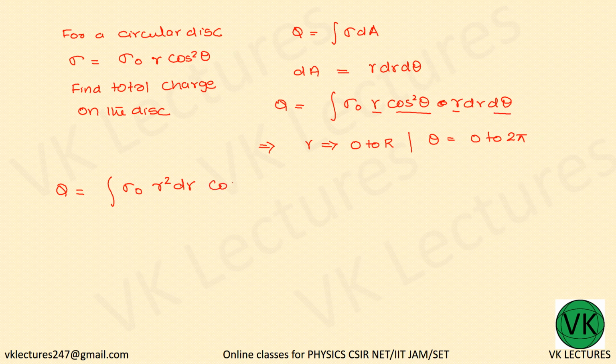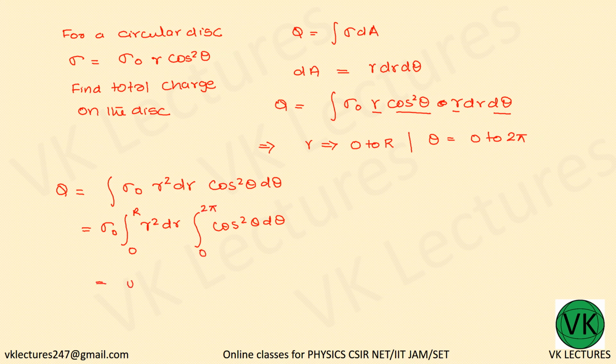Now just splitting the integrals: sigma naught is a constant which can be taken out, the integral of r square dr, and the integral of cos square theta d theta. r square is ranging from 0 to capital R, and theta value ranging from 0 to 2 pi.